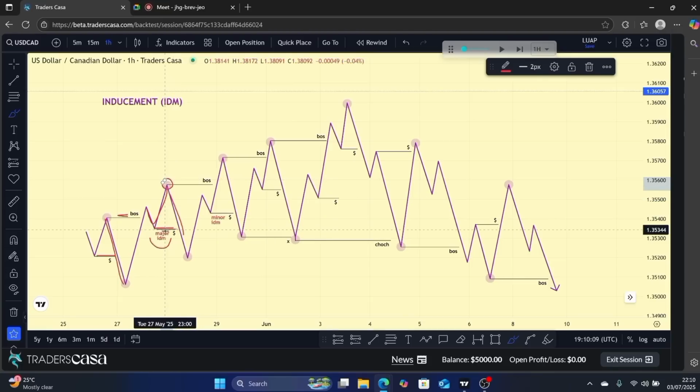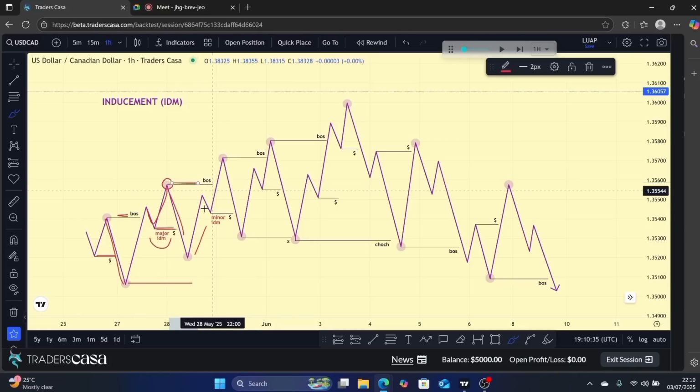This takeout can be by a wick or a candle close, it doesn't matter. Even though we don't consider how far price continues down, we need to make sure that this previous swing point low is actually protected. All right, then price reverses back and breaks past our confirmed swing point, so that's a valid break of structure.